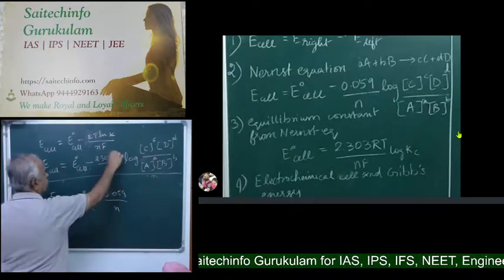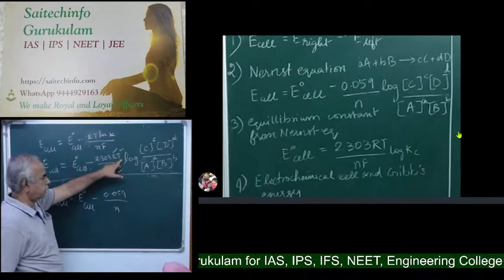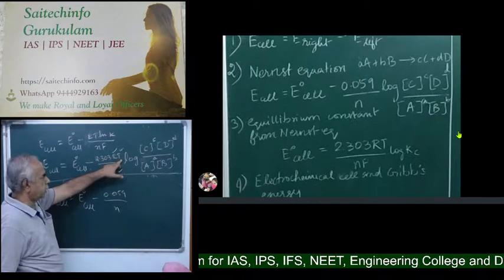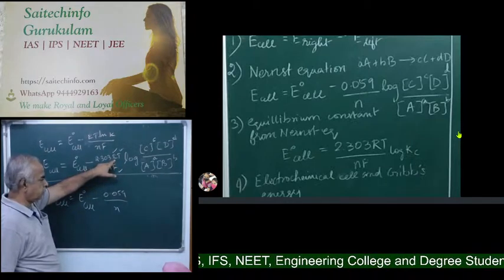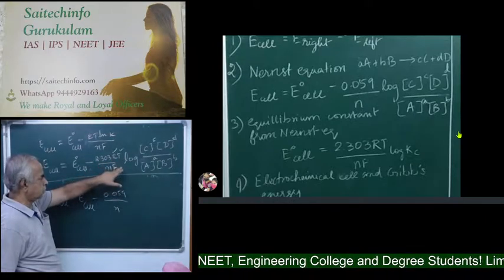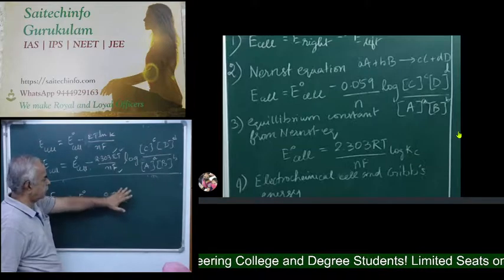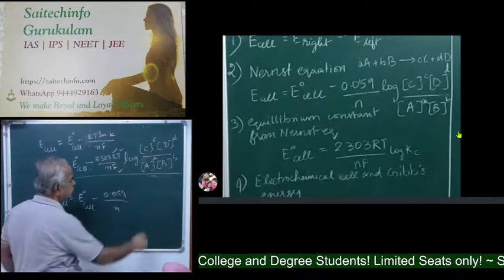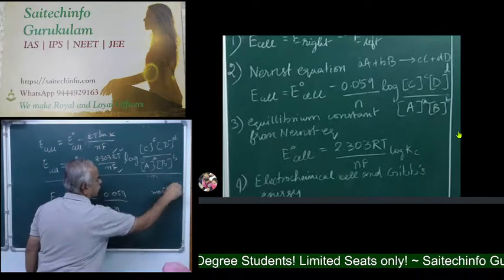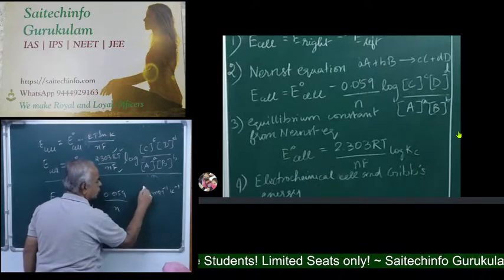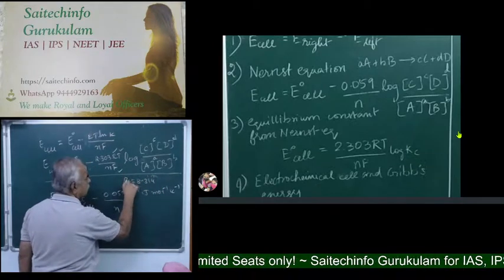So I have replaced the values of R and T, where T is 25 degrees centigrade, that is 298 Kelvin, and R is the gas constant, 8.314 joule per Kelvin per mole, which is a constant value.